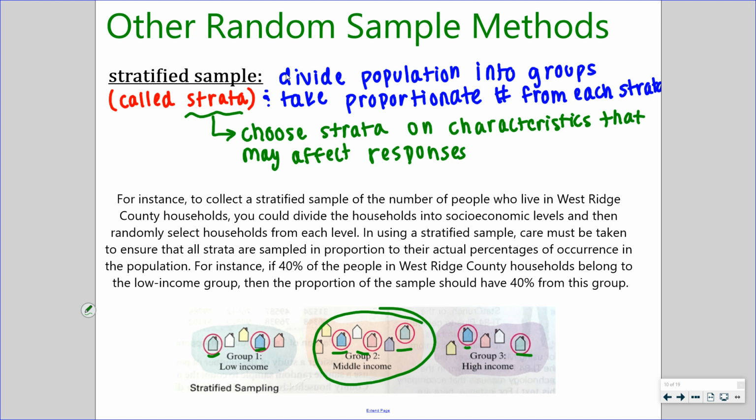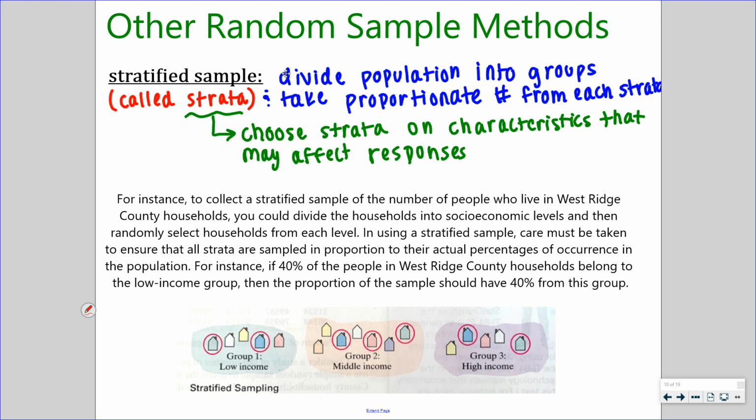So I'm going to select more from the group that is more represented in my whole population. Here it says, for instance, if only 40% of the people in West Ridge County households belong to the low income group, then we're only going to select 40% of our sample from this group. That's a stratified sample.